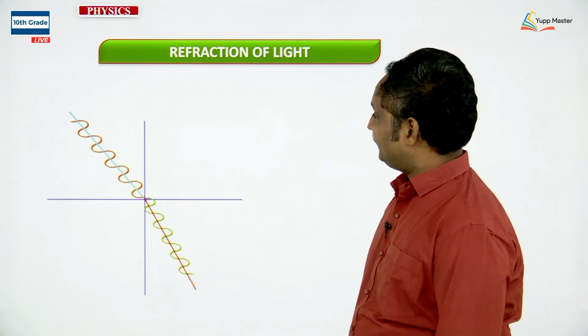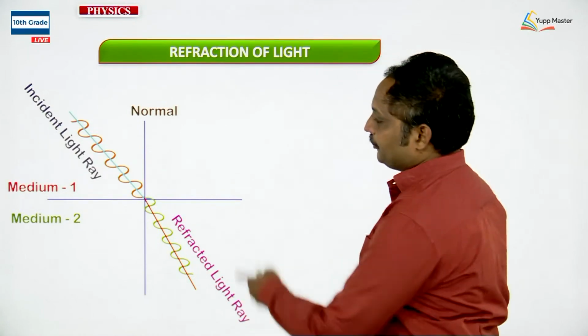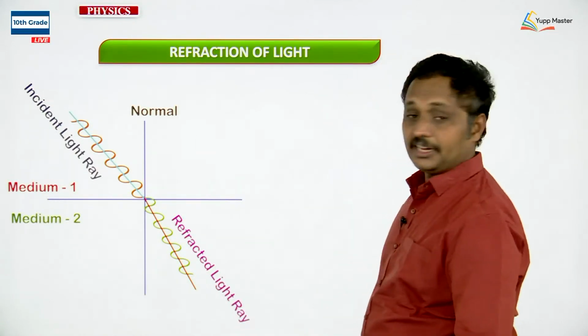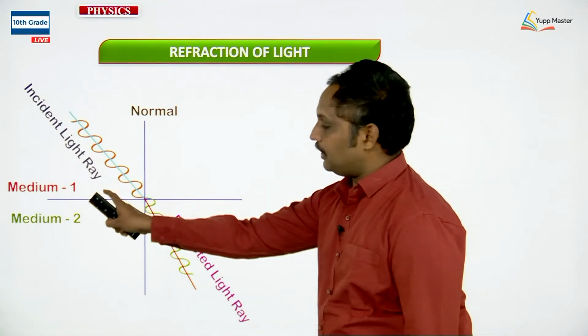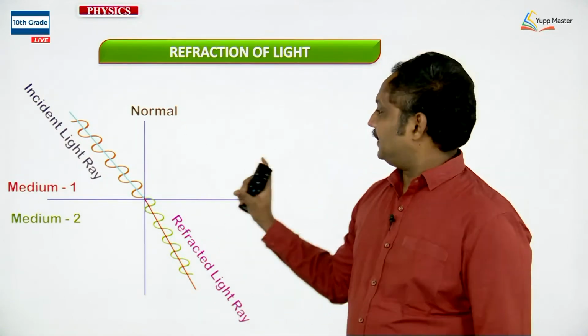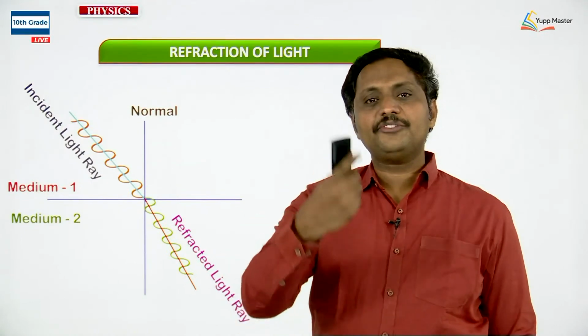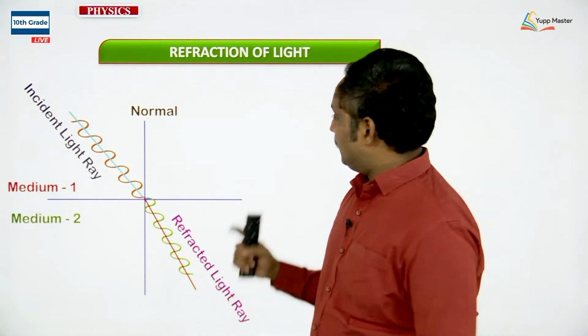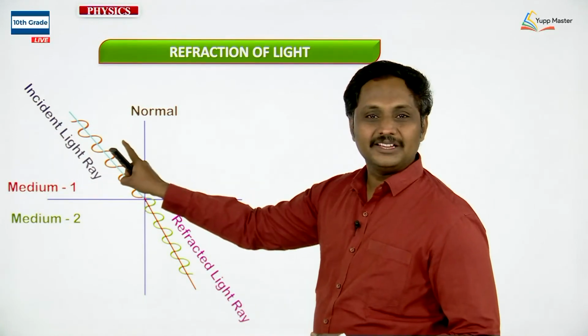It's very clear. Now what you have seen: this is the incident light ray, and this is the normal, medium 1, medium 2. From this diagram, in how many ways can you solve the problems? First, the incident light is in the form of a wave.